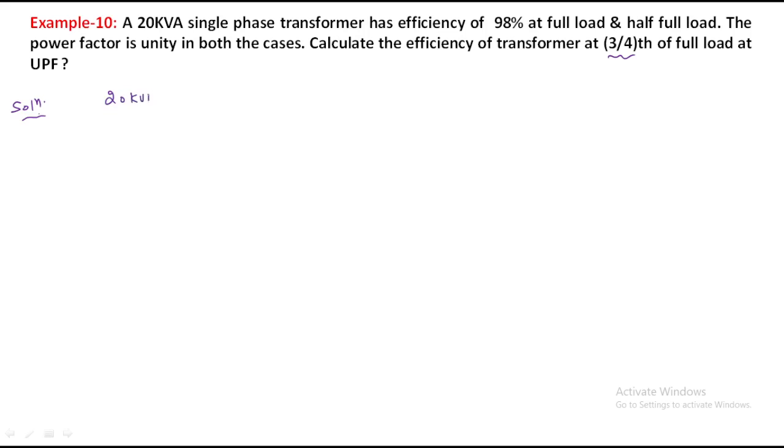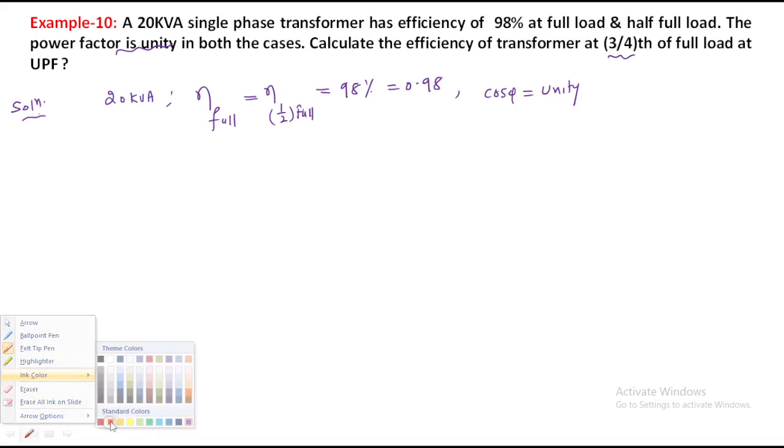20 kVA transformer, and the efficiency is the same at full load and at half load also, right, which is equal to what? 98%, which is equal to 0.98, and the power factor is unity. What is the condition here?